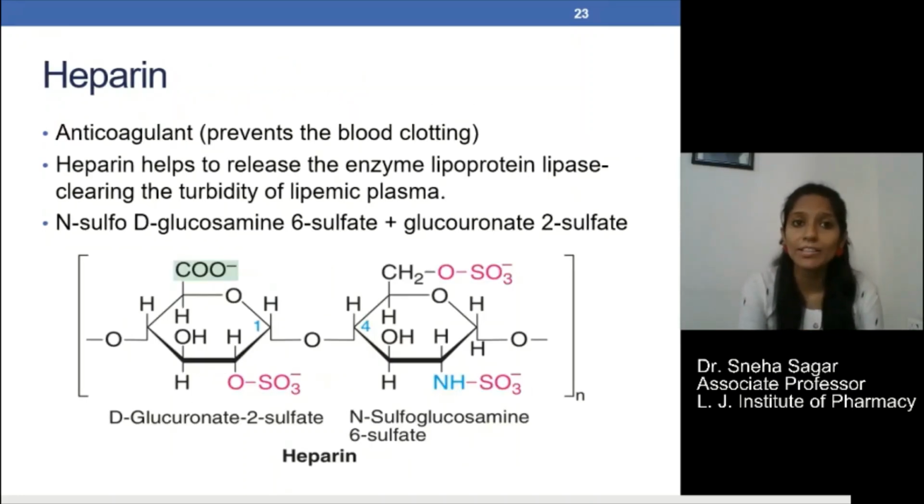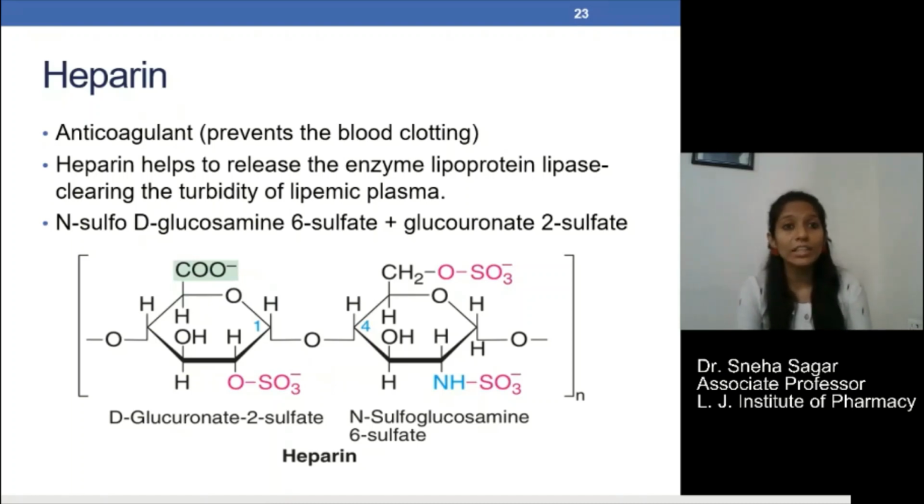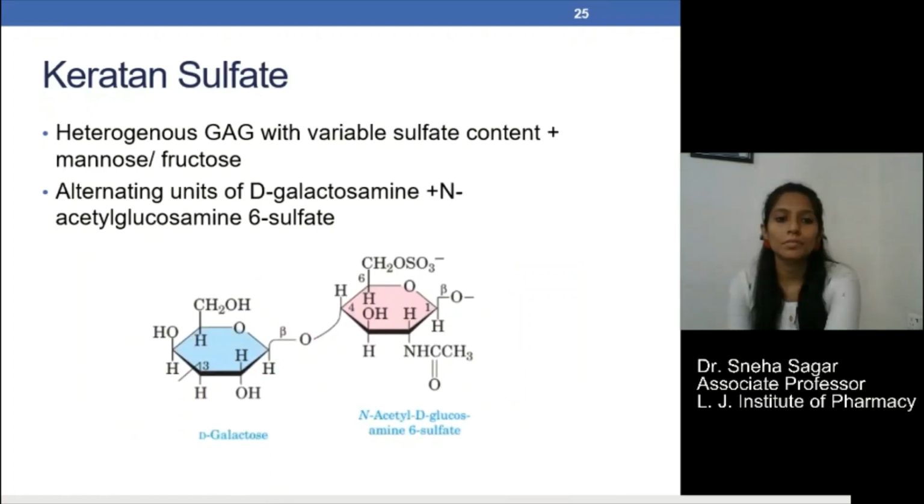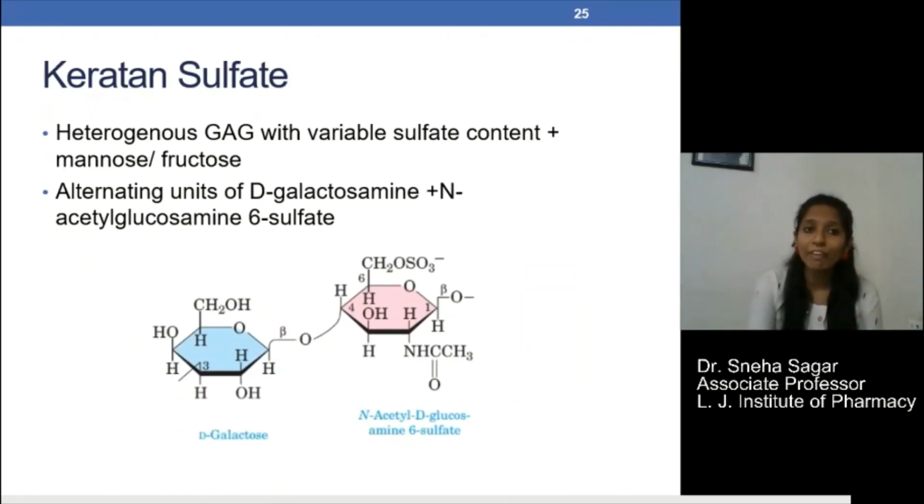Heparin is an anticoagulant that occurs in blood, lung, liver, kidney, and spleen, and it helps in the release of the enzyme lipoprotein lipase, which helps in clearing the turbidity of lipemic plasma. Next we have keratan sulfate.